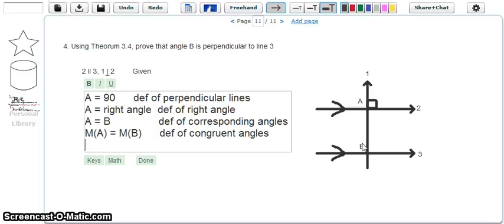The next step is to say that angle B equals 90 degrees as well, because as you can see in the corresponding angles, A and B equal each other, and A is 90, which means B is also 90. So we can use the same definition of corresponding angles.